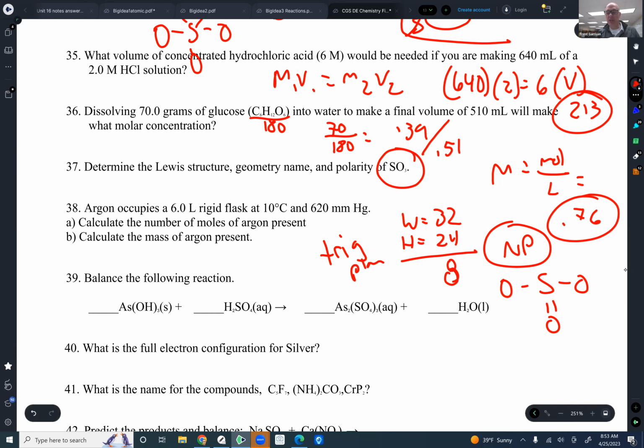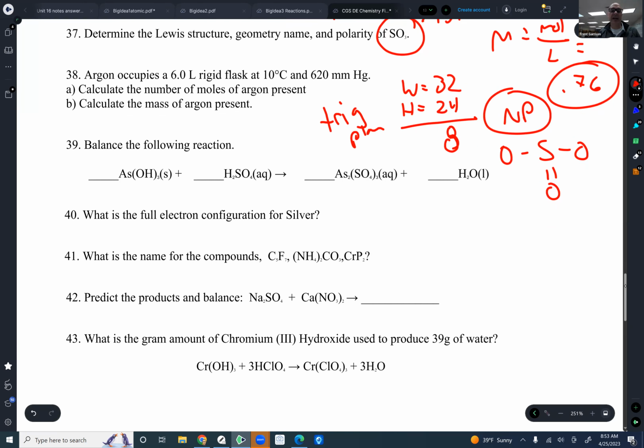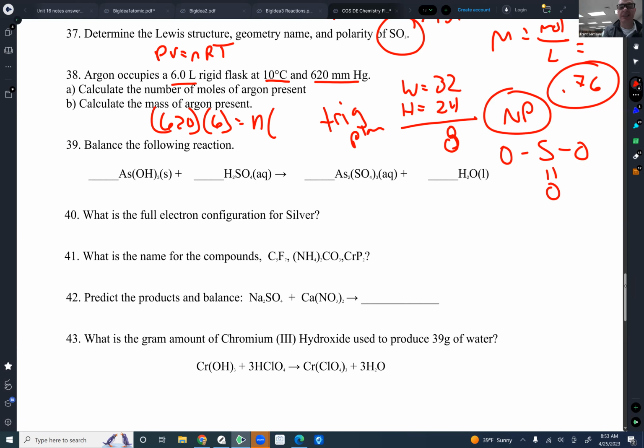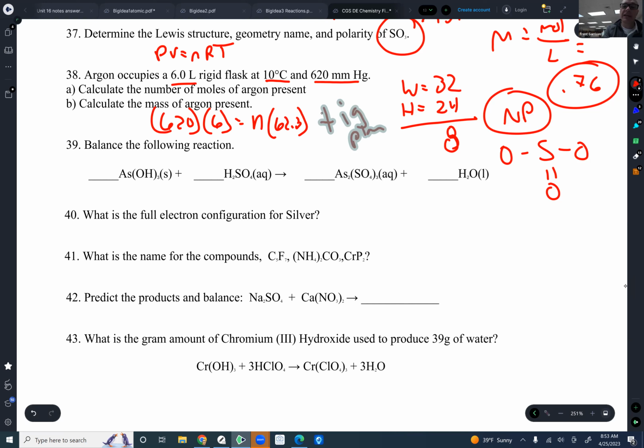38, argon. It's in a flask, and it's got all of these values: volume, temperature, pressure. That's PV equals nRT. So the pressure is 620. The volume is 6. The n is what we're solving for. The R is 62.3. The T has to be in Kelvin, so that's 283.